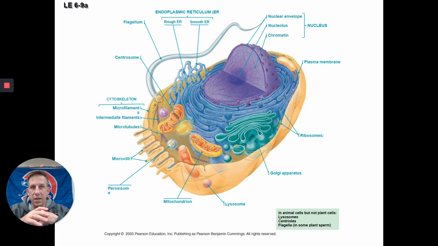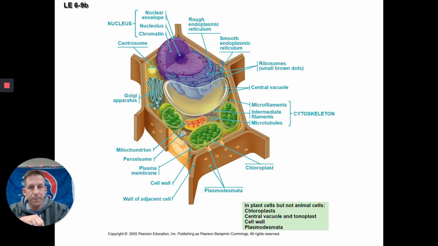Both of those things are kind of incorrect. The inside of the cell is absolutely jam-packed with stuff. There's stuff everywhere, and it takes a while for things to move from one place to another. And on top of that, the cytoplasm is much thicker than what a lot of people originally think.